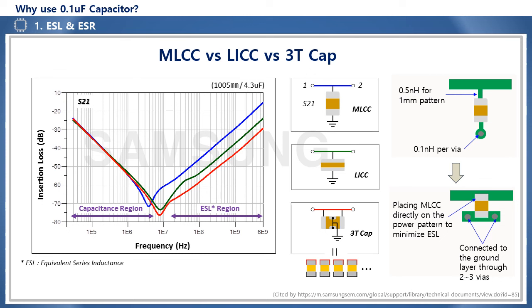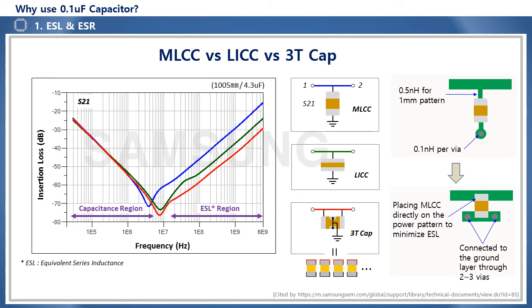Therefore, MLCCs for bypass should be placed as close as possible to wide power lines, and multiple vias should be used to connect to the ground layer to minimize parasitic inductance caused by patterns or vias.